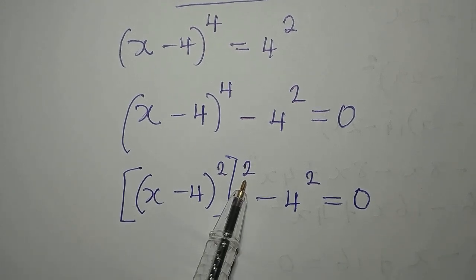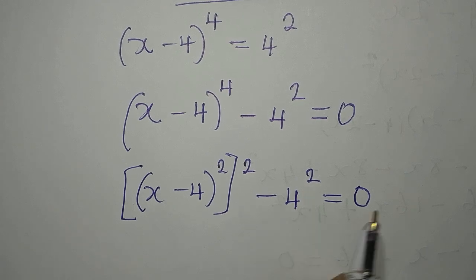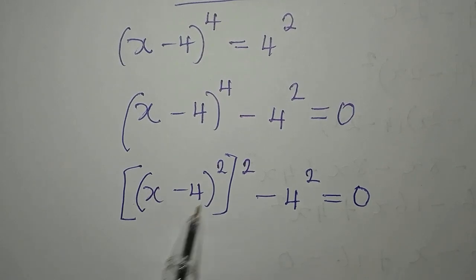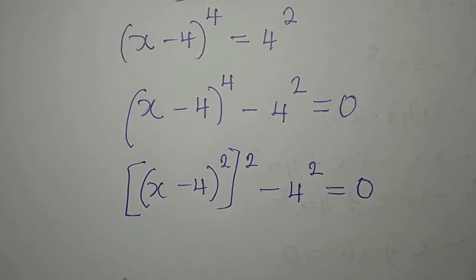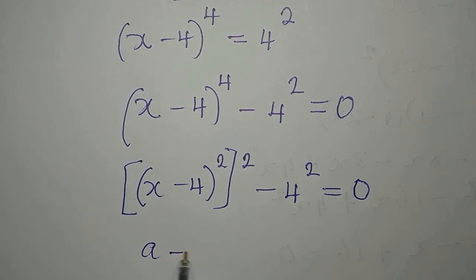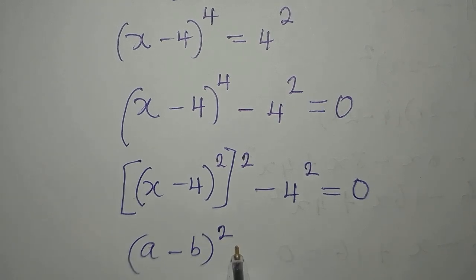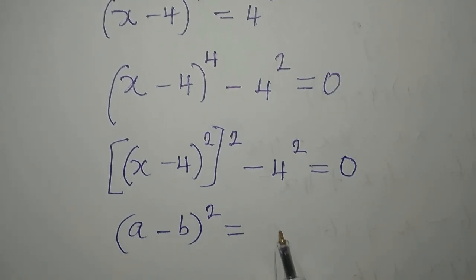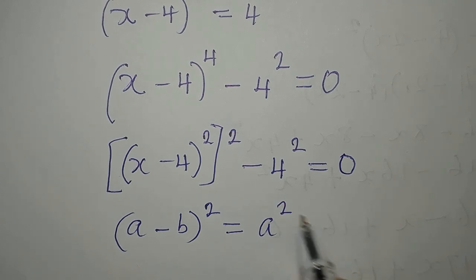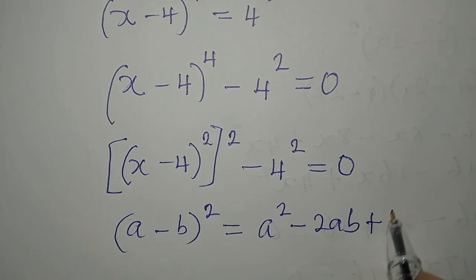This is raised to the power of 2 and this is also raised to the power of 2, right? But I want to expand what I have inside the bracket here, because if you have (a − b)^2, this is the same thing as a² − 2ab + b².